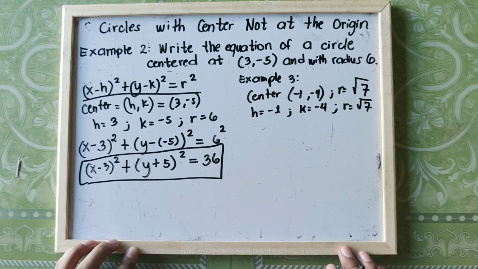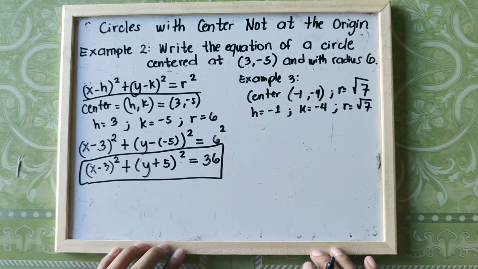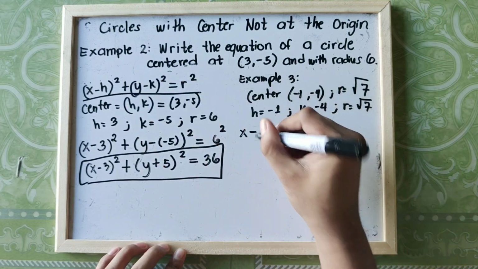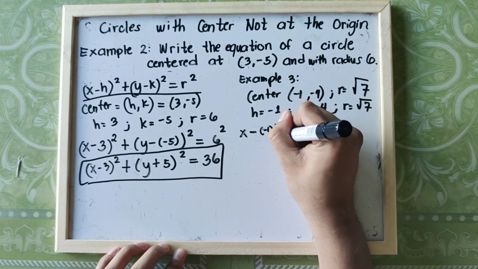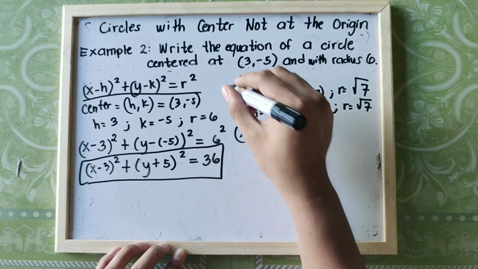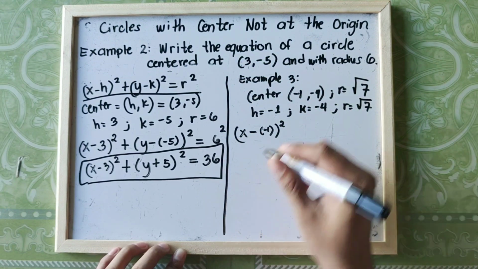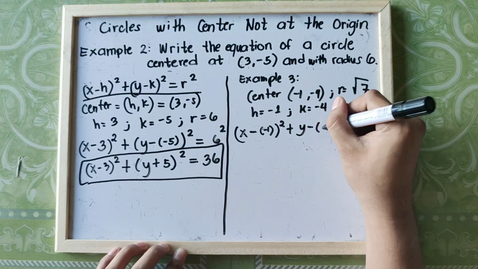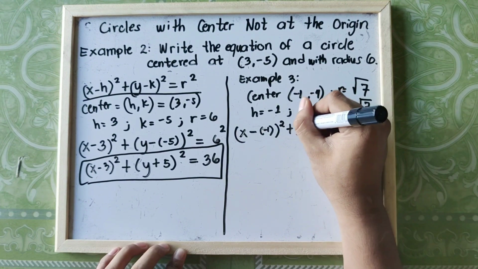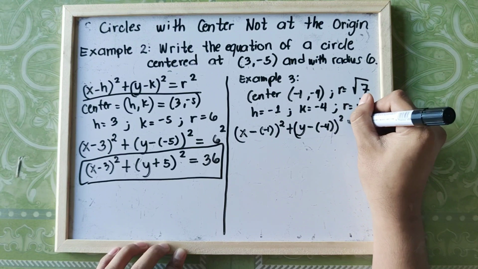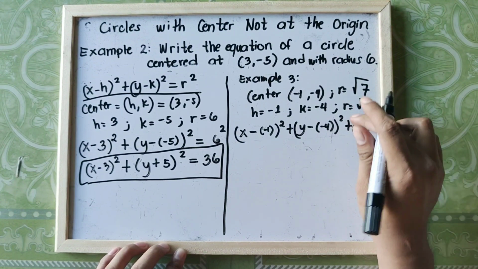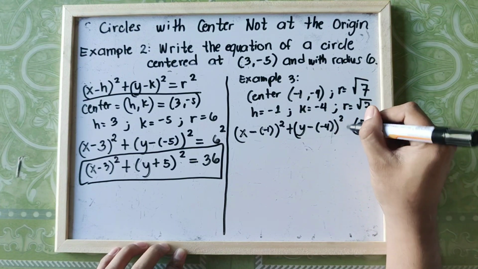Again, we are going to substitute the given values to the equation. So x minus our h, which is negative 1, plus y minus negative 4, equal to square root of 7. No, I mean that's not plus. This is equal.